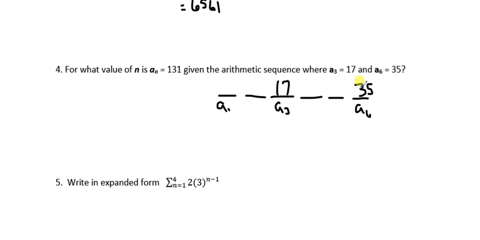So what we're doing is we're going up 3 terms, and we're going up 18. We're going up 35 minus 17. So 35 minus 17 is 18. So we're going up 18, and we're going up 3 spots. We're going from 3 to 6.